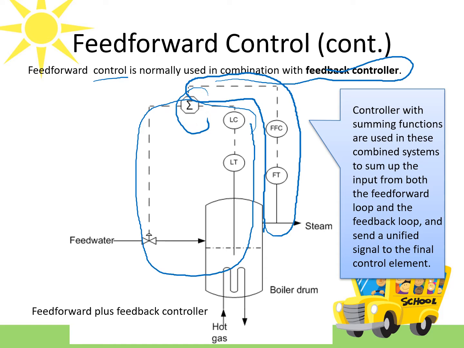So this is a feedback plus feed-forward control. And then you have the controller with a summing function here, which is used to sum up the input from both the feed-forward loop and the feedback loop, and then send a unified signal to the final control element here.